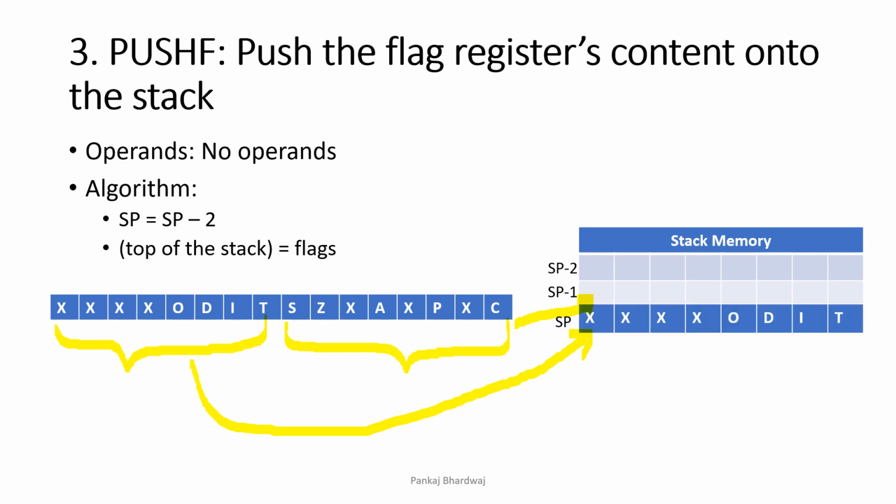The high order byte of the flag is moved into stack memory, then the low order byte, and after these 2 bytes are moved, the top of stack will become SP-2.